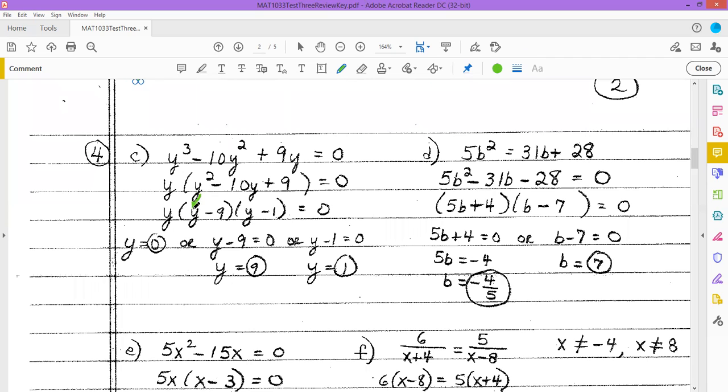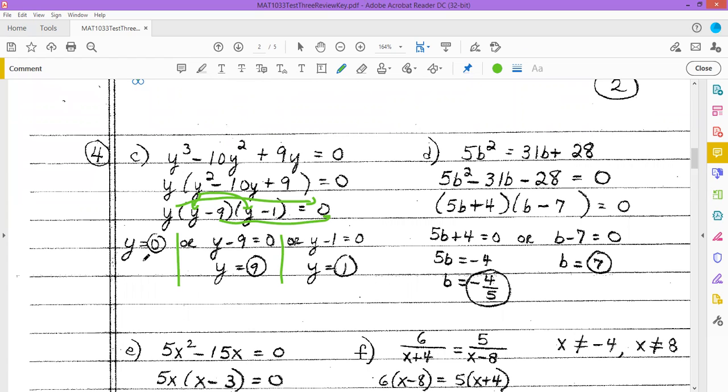We factor y squared using y, and then we factor the 9 using negative 9 and negative 1. Now we'll set each of these terms equal to 0 and solve. So y equals 0, one of our solutions. That's the factor outside parentheses. Or y minus 9 equals 0, or y minus 1 equals 0.